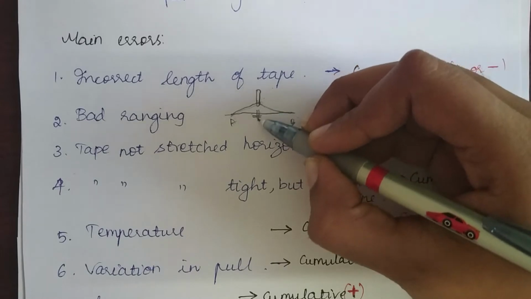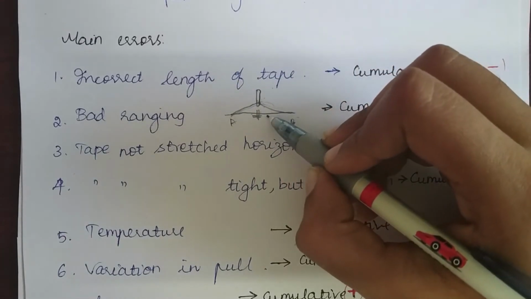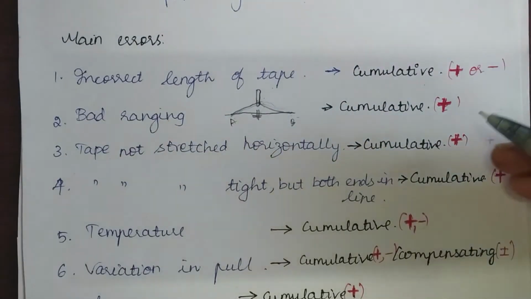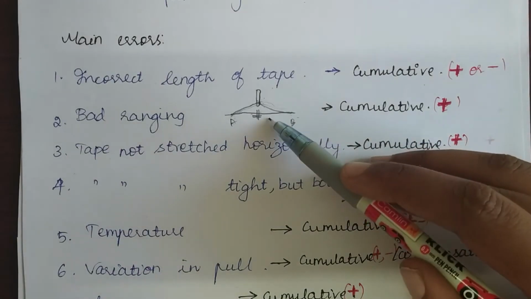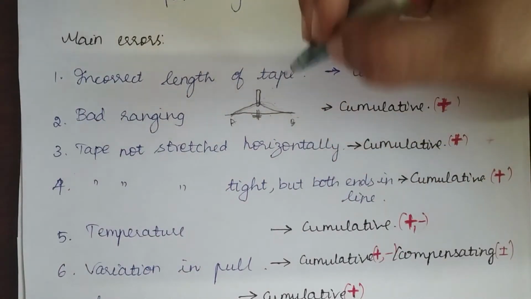This is my actual distance, but here I am going to cover a distance that is going to be greater than the actual distance. So in this case, the error will always be cumulative and it will always be positive. Any deviation from the main line will always produce a positive error.